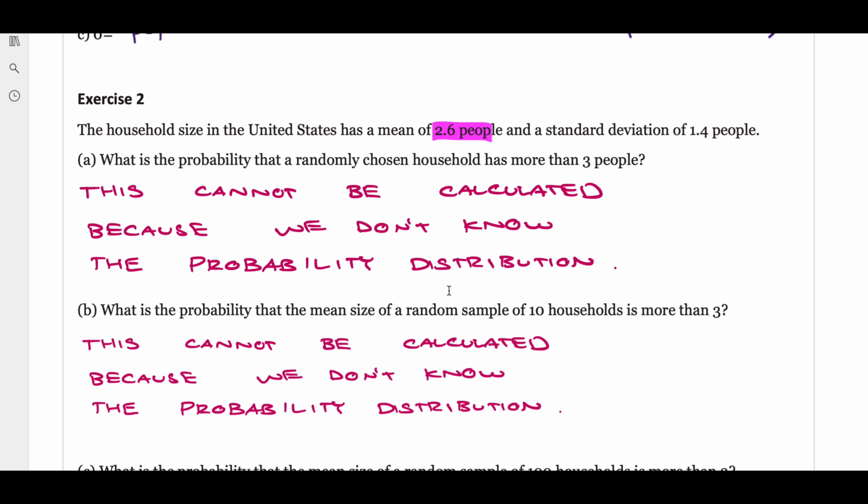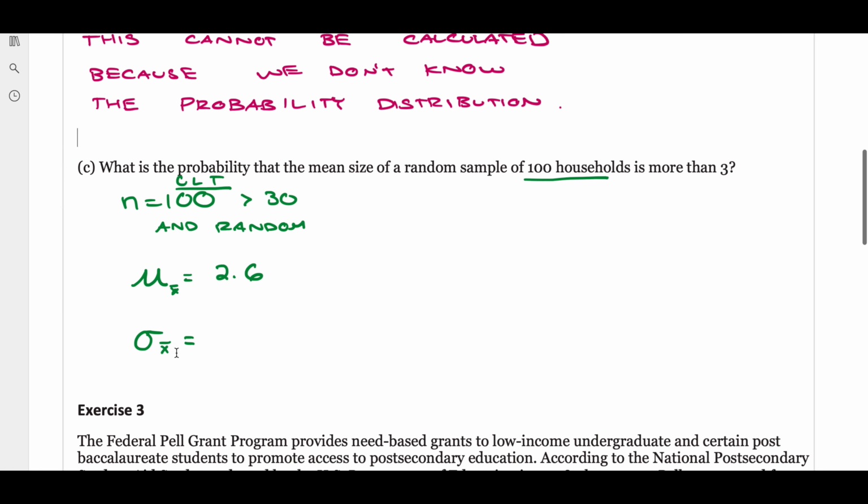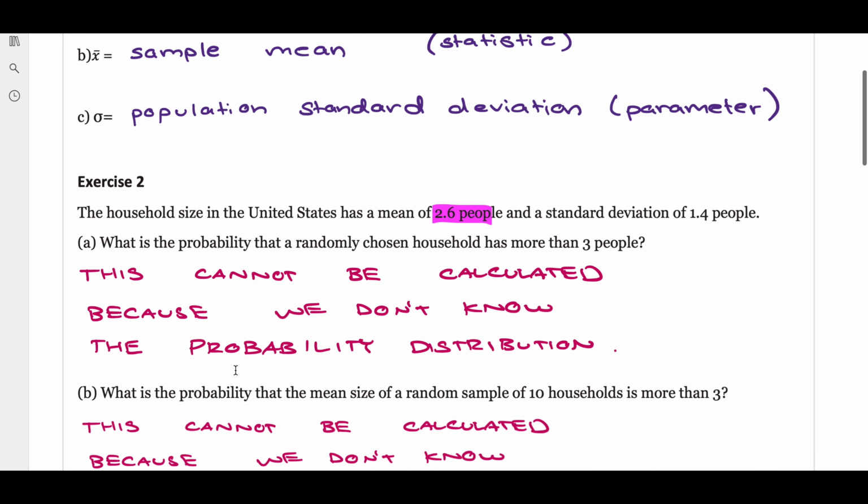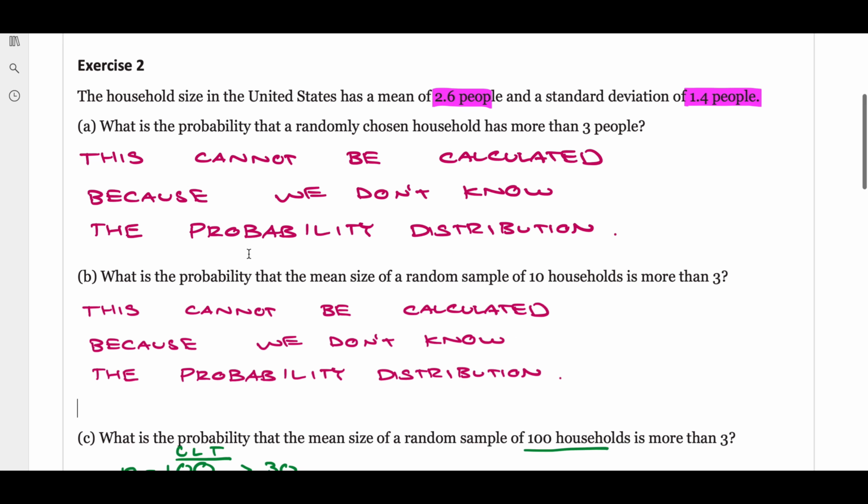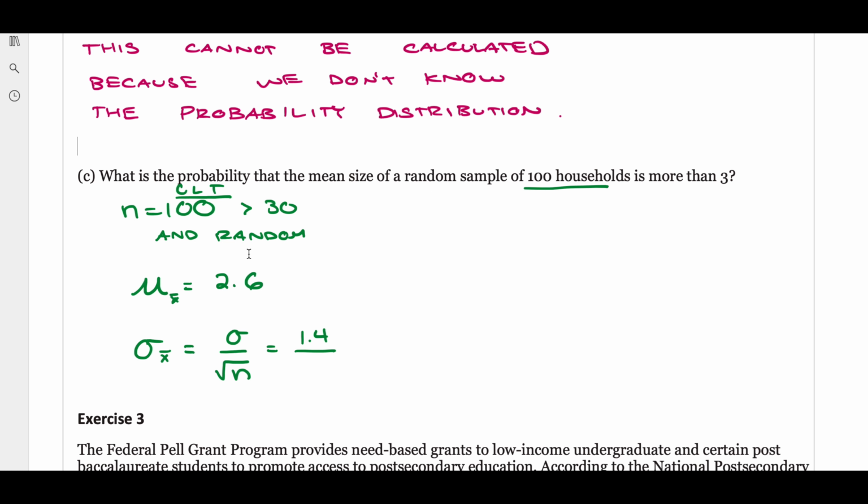The standard deviation, however, this little symbol here stands for the new standard deviation. It's the old standard deviation divided by the square root of the sample size. The population standard deviation is 1.4. The new standard deviation is going to be the population standard deviation divided by the square root of 100.